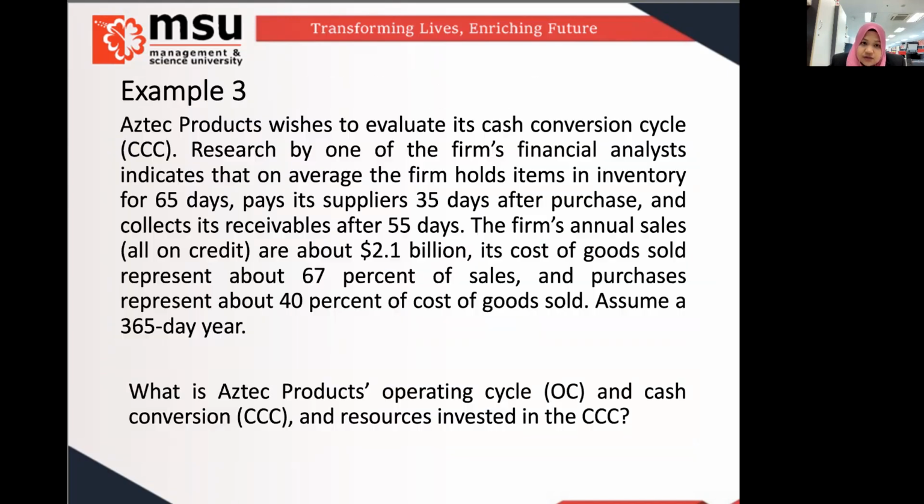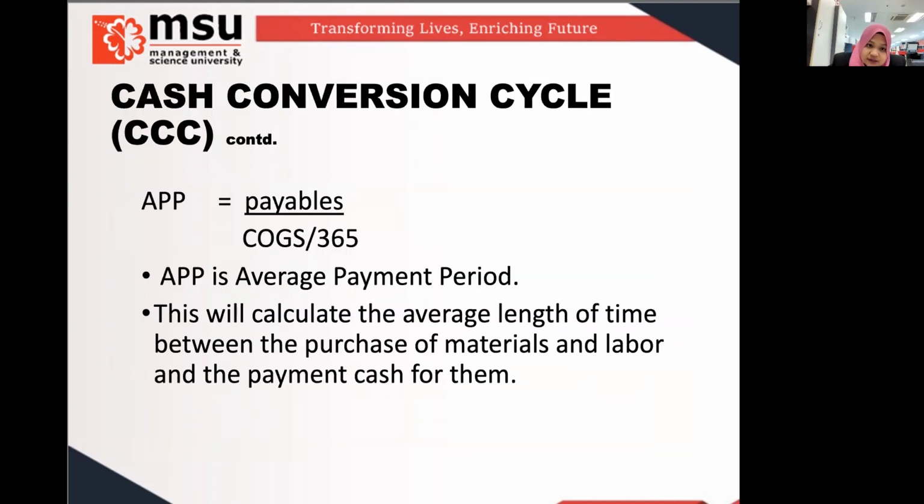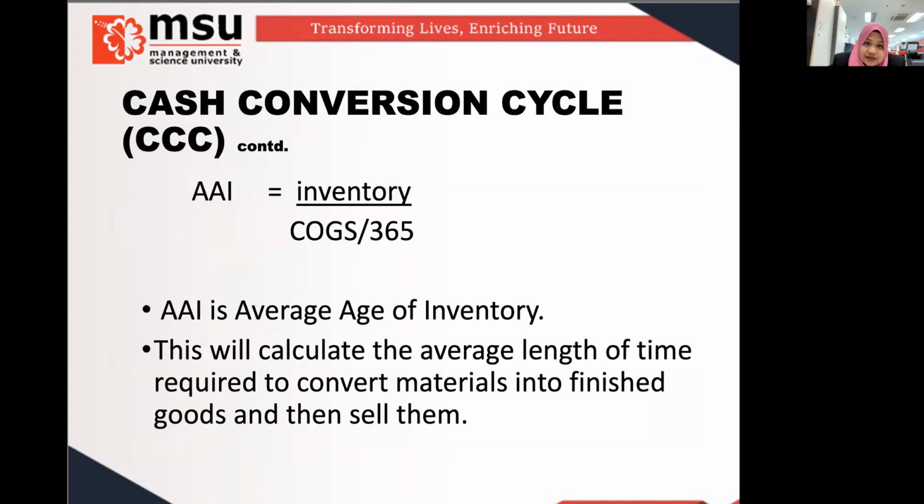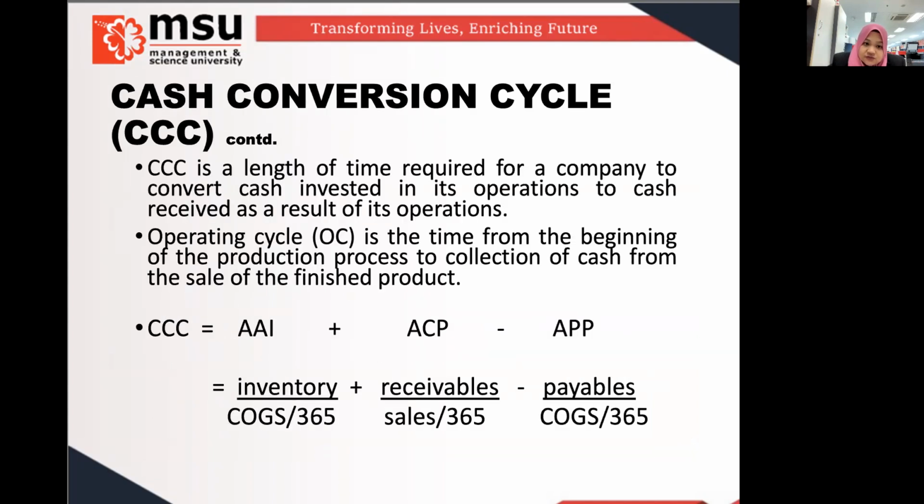Now we go back here. How to calculate the cash conversion cycle? First, you know this is the formula. How to calculate average age of inventory?